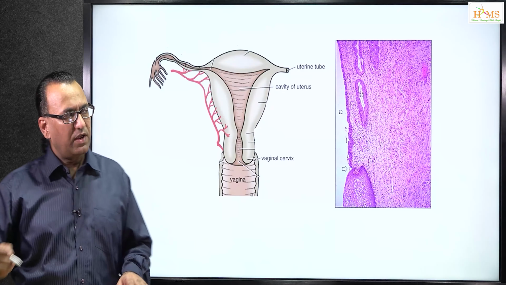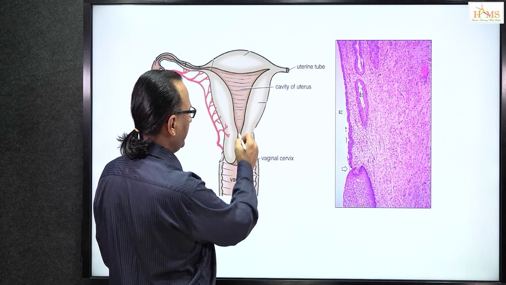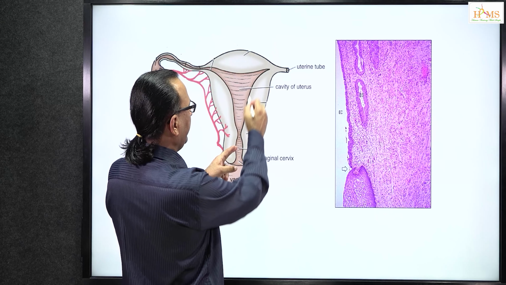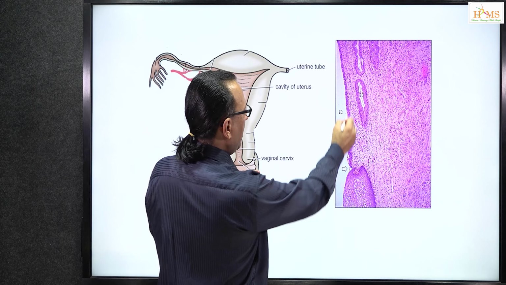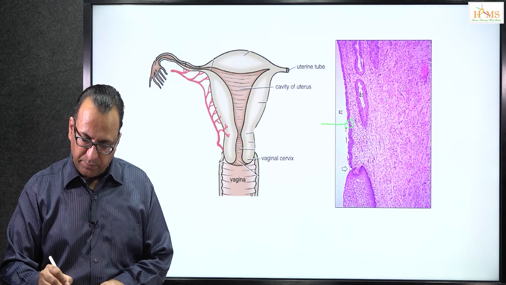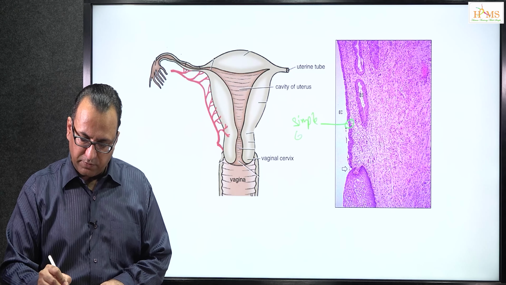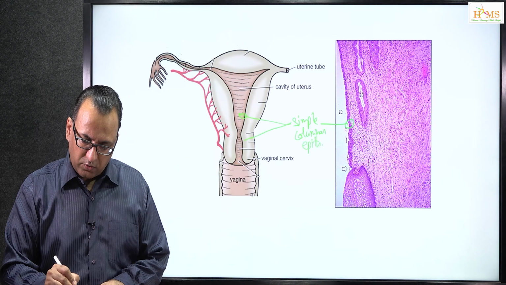In this diagram, we are looking at the lining of the uterine cervix. The uterine cervix is lined by the same epithelium as the uterus we have mentioned. It should be simple columnar epithelium as is evident here. So this is the simple columnar epithelium which we will find in the uterus and also in the endocervix.